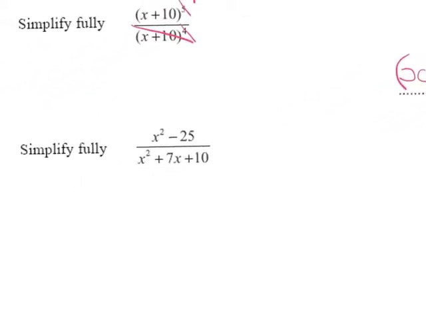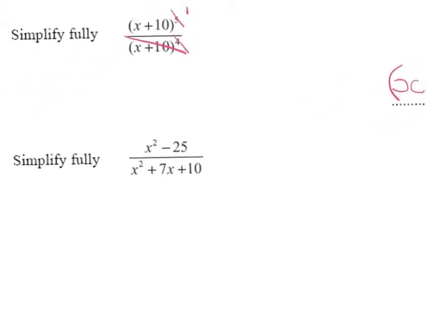This one's a little bit more tricky because we need to factorise both of the expressions. So the top is actually trickier than it looks. It's going to be a difference of 2 squares because x squared is a square term and 25 is a square term. So when we do difference of 2 squares, it's x plus 5, x take away 5.